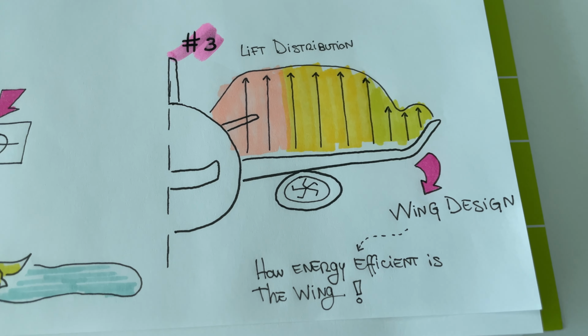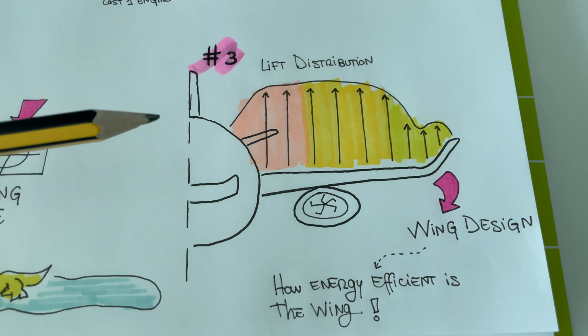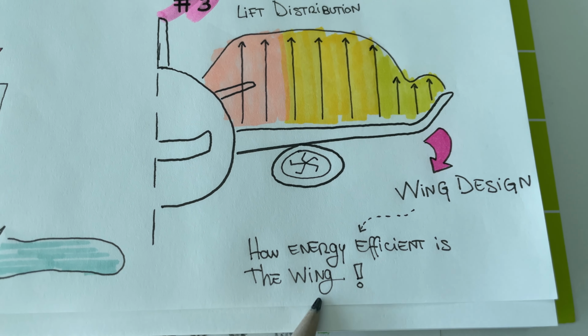Example number 3, this is another example for engineers. So when you have to design a wing, one really important aspect is to design the most efficient wing possible.